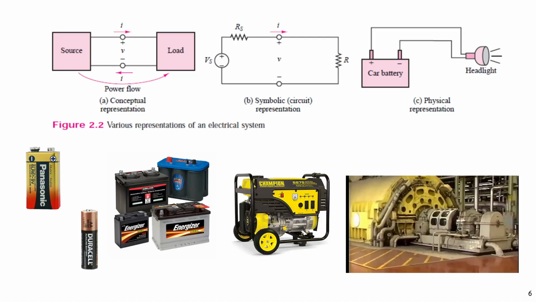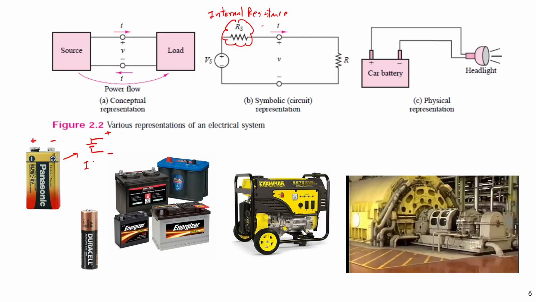And this source represents a more practical source. The more practical source will have internal resistance, right? For example, if you represent this battery with the ideal source, this is the positive pole and negative pole.